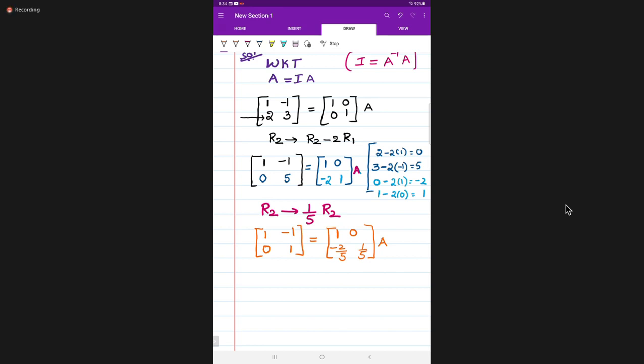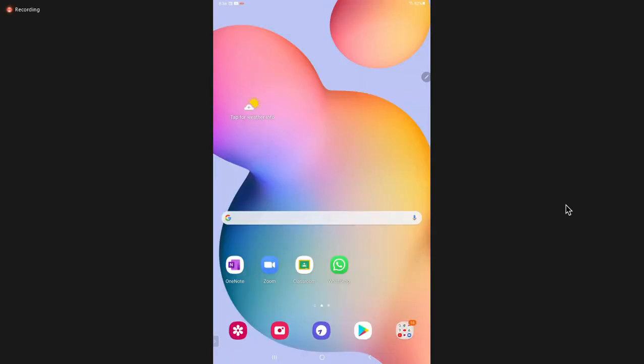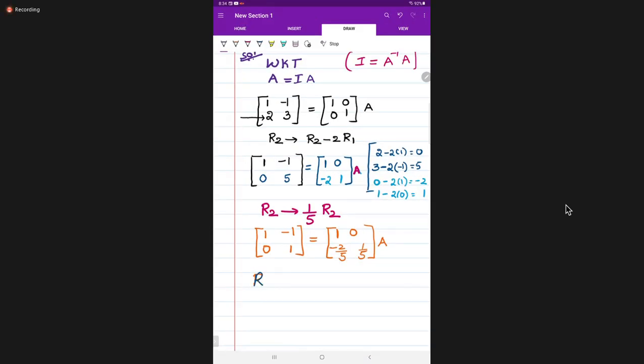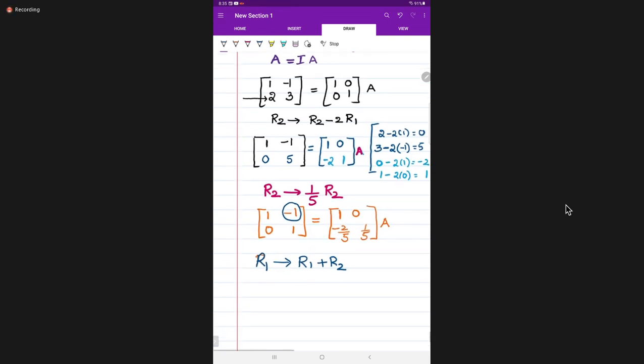If you add these two, you can get 0, right? So R1 implies R1 plus R2. Minus 1 plus 1 will become 0 with the help of the second row.